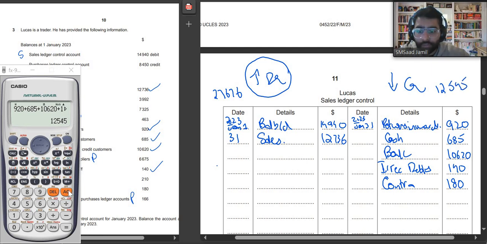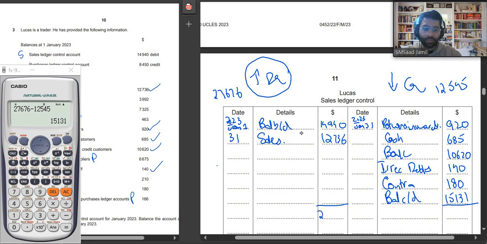Subtract both of them. Which side is low, debit or credit? Credit side. So subtract 12,545 from 27,676. The balance c/d, you will write over here. How much? 15,131. Now total both the sides.